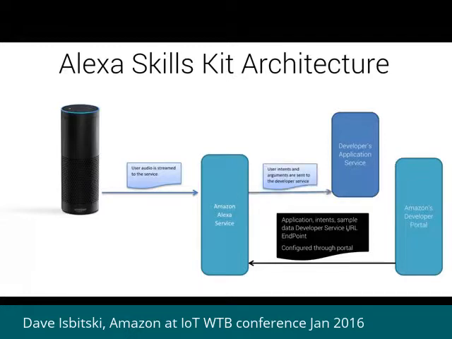And then the Alexa service will break up that audio stream into user intents and arguments. So what's great is as a developer here, you aren't parsing out someone's voice. You're actually getting called through JSON with an intent that you define. So think of this as like functions and methods with parameters. And then the parameters that that intent sent. And then you decide what you want to do with that.